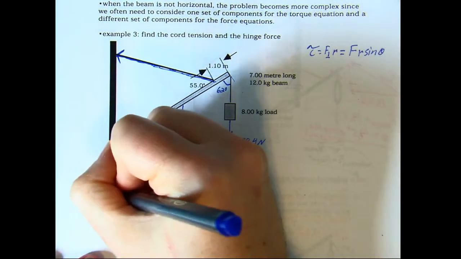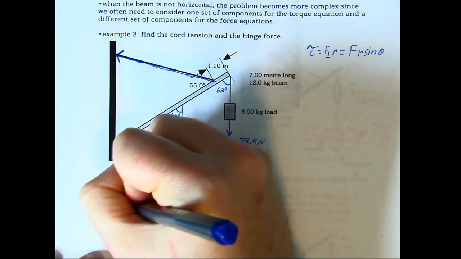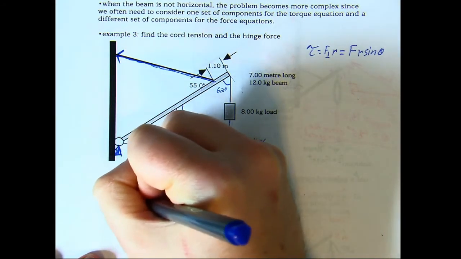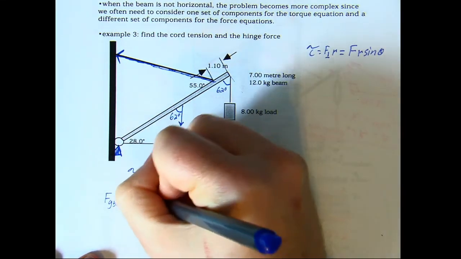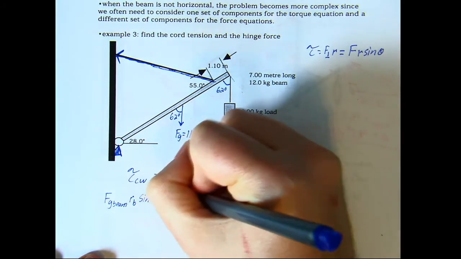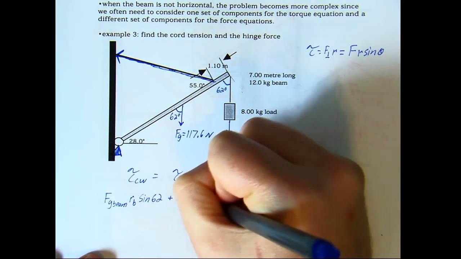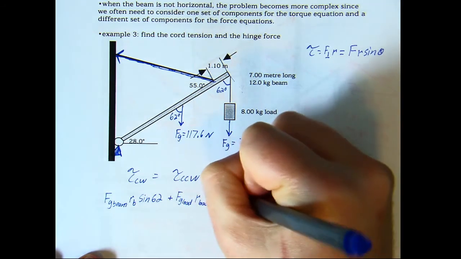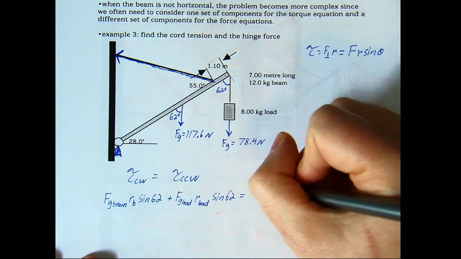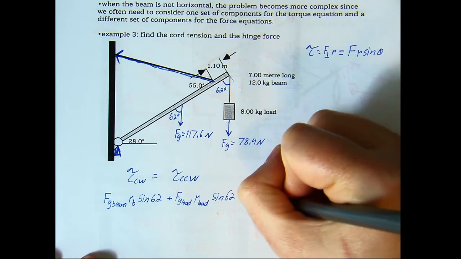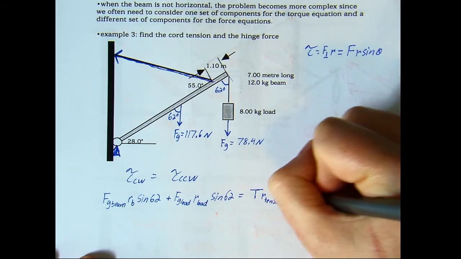So I'm going to get FG beam times R beam times the sine of 62 plus FG load times R load times the sine of 62 is going to equal my tension times R tension times the sine of 55.